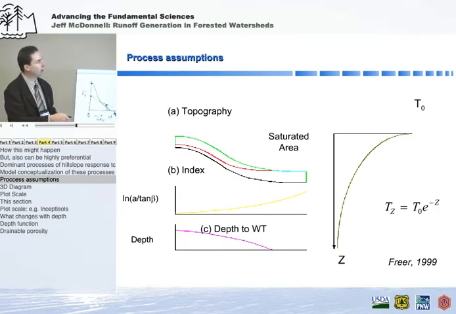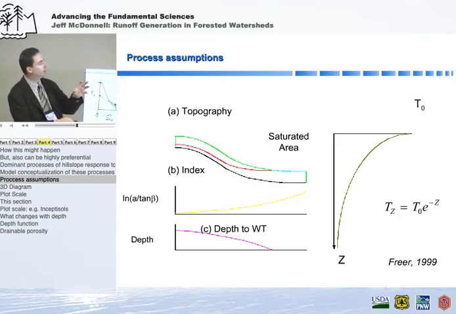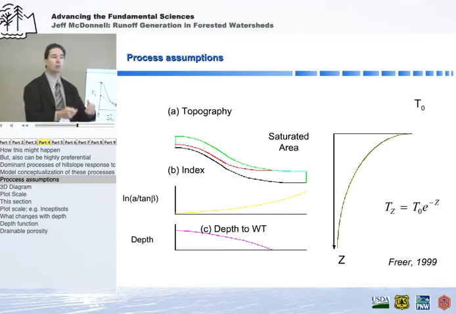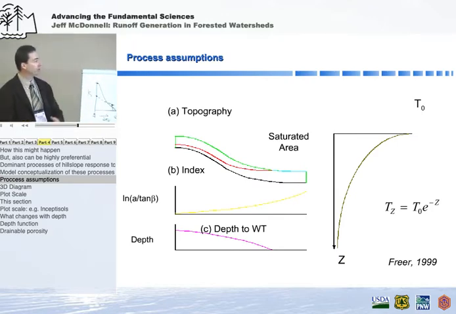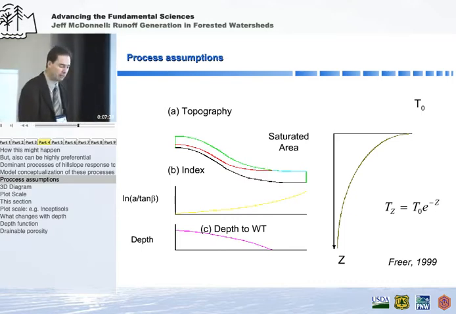So really, all the action's happening up here, and what you're really doing is just dialing in the right shape function for this decline that you can actually go out and measure, and then you don't have to worry about how big your control volume is, how deep your soils, your saprolite or till, or whatever geological material might be.